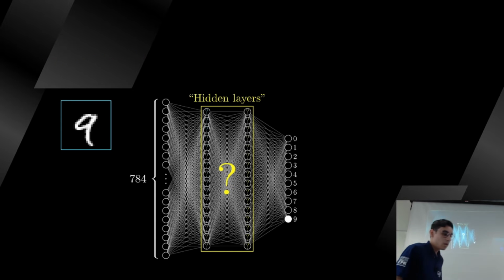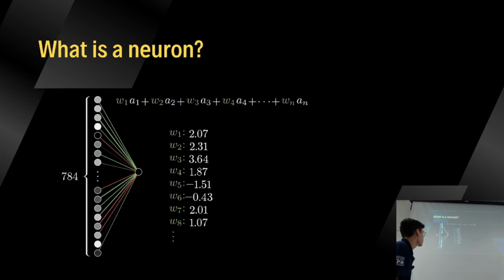But now we are going to see what exactly the calculations of this neural network are. Here I have the 784 inputs, and each one of them has a connection with the neurons in the other layer. Each one of these connections carries a weight.